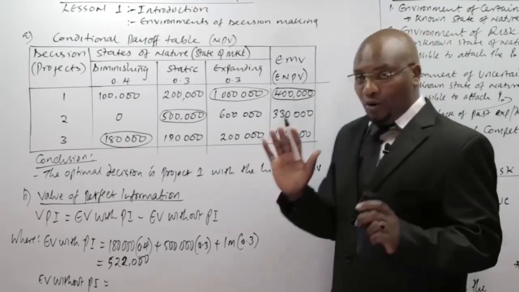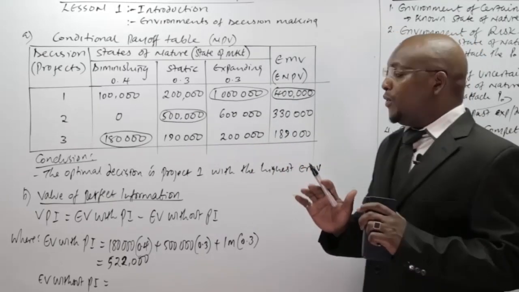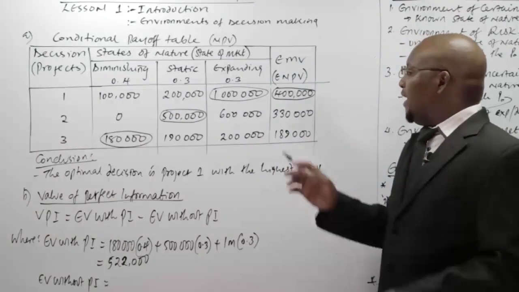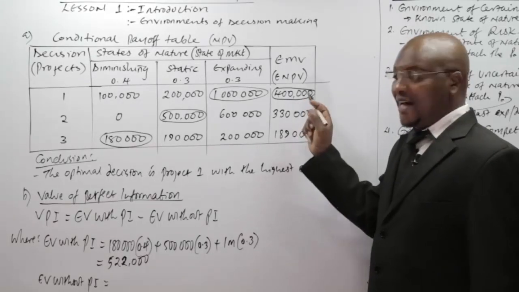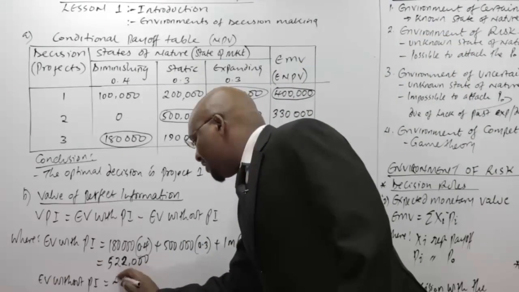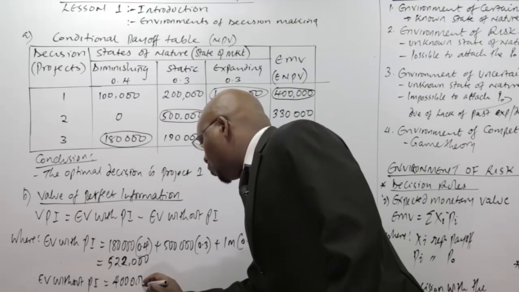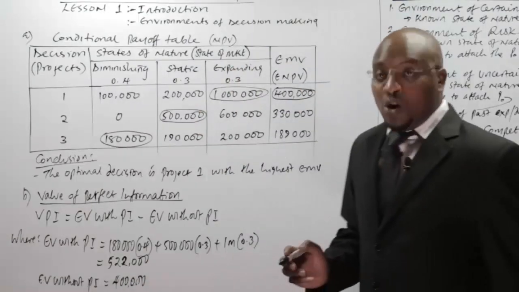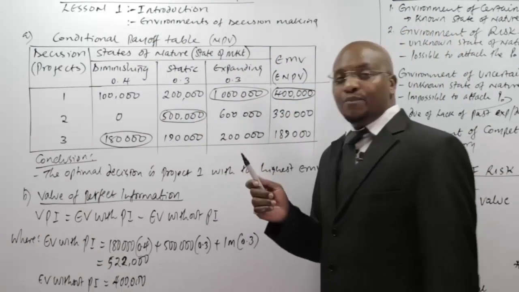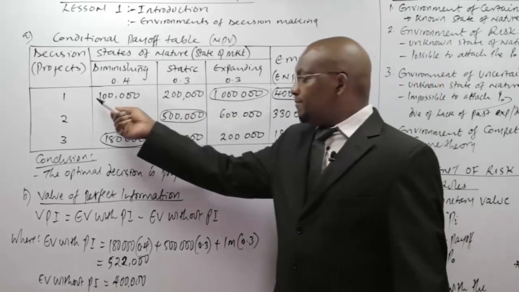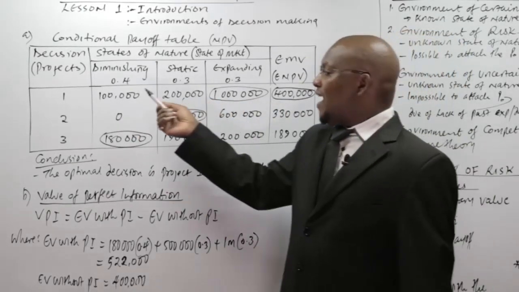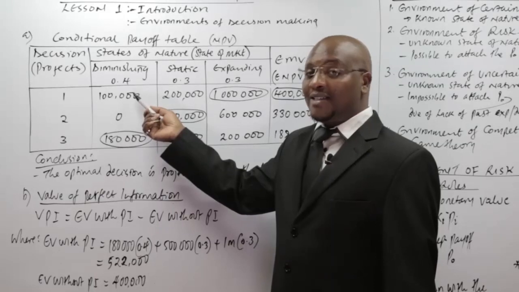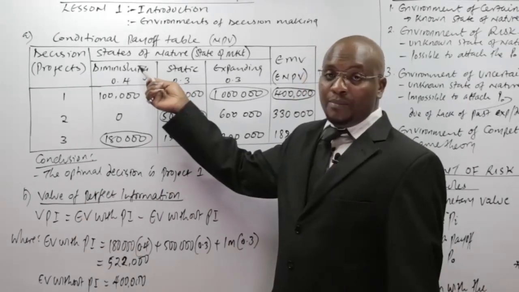Otherwise, the expected value without perfect information shall be the best amount we can make on a decision, comparing the first, the second, the third project. If we select one project and we maximize, we are going to take the 400. And remember, why are we saying that 400 is the amount without information? Because this 400 is made up of all these. Look at these outcomes. 100,000 is not the best when the state is diminishing.